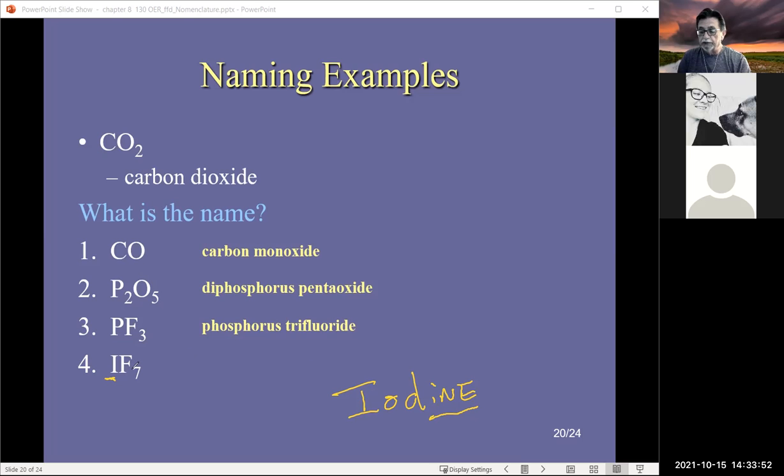Then we've got fluorine, but it's secondary, so it becomes fluoride. So that is our base name. Then we come back and check for the quantity. There's only 1 iodine, so we leave it as iodine. And then we use hepta for 7, because there are 7 fluorides. So we insert that and name it iodine heptafluoride.